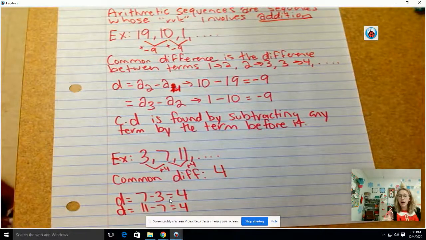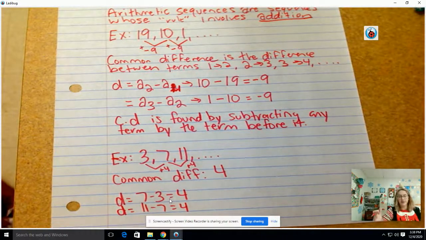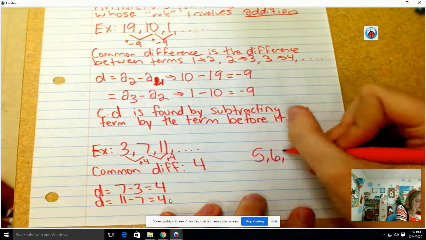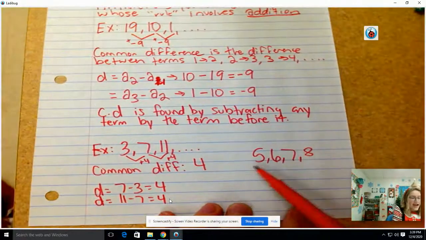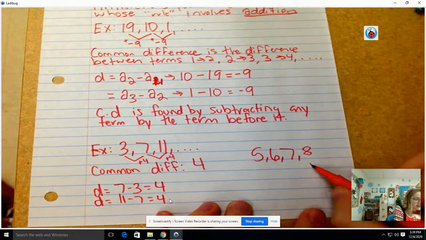So if you can find something that you add consistently from term to term to term, and you're ending up at the next term by adding the same thing, that means you're going to have an arithmetic sequence. So for instance, if I had 5, 6, 7, 8, I'm adding by 1 every single time. So that's going to give me an arithmetic sequence.